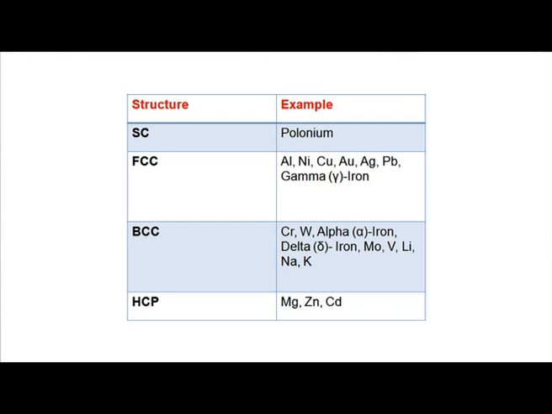Body centered cubic: chromium, tungsten, alpha iron, molybdenum, vanadium, lithium, sodium and potassium naturally crystallize in the body centered form. I already discussed hexagonal close packing: magnesium, zinc and cadmium are commonly crystallized in it. Lead is crystallized in face centered cubic, but magnesium, zinc and cadmium are commonly observed in hexagonal close packing structures.